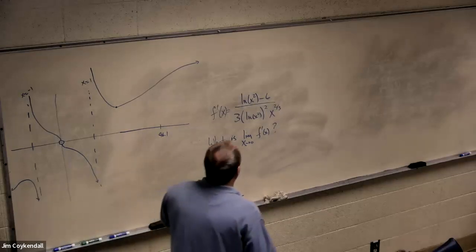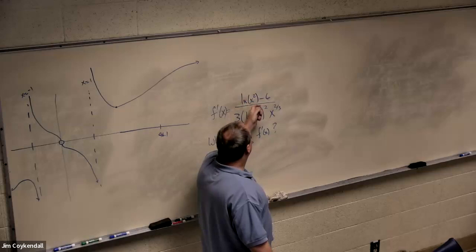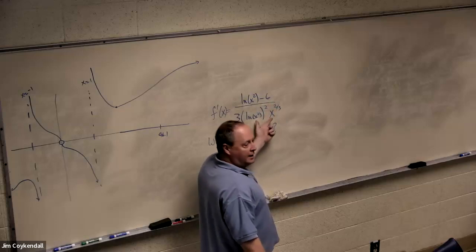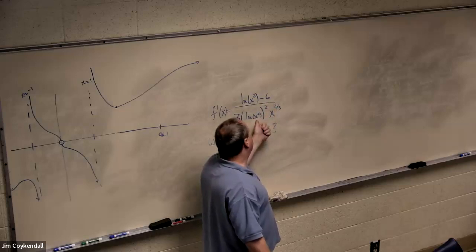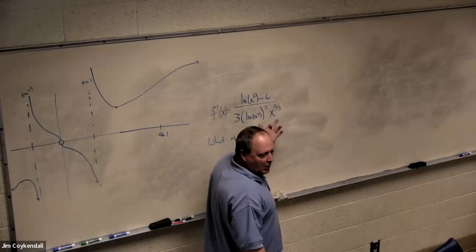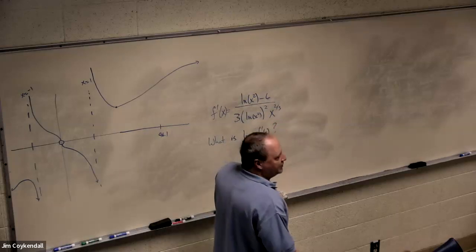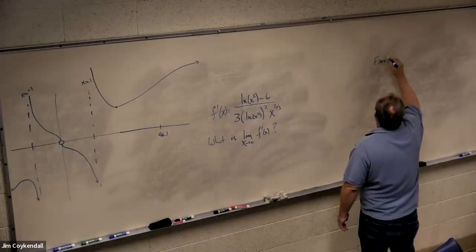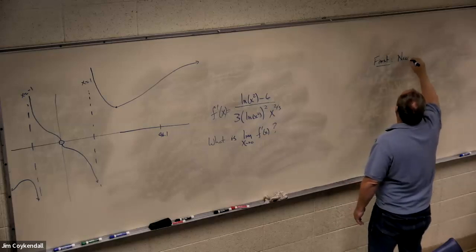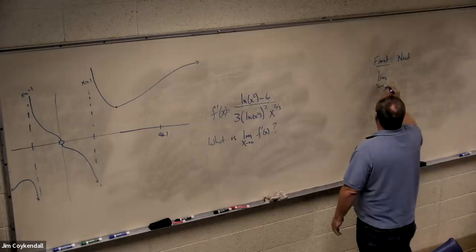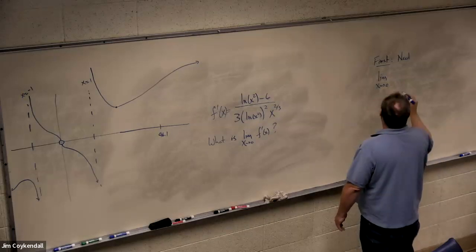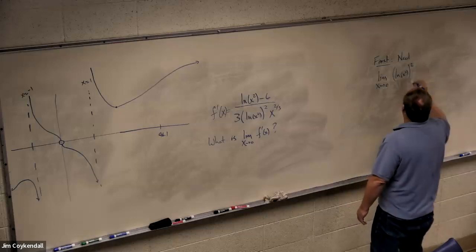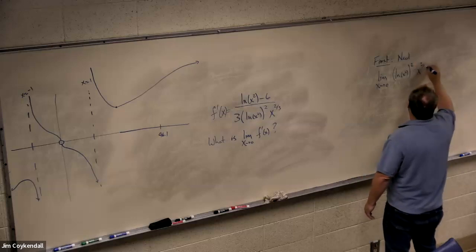First thing to do would be a bonehead plug in. Right? Log of 0. That's going to be negative infinity. So I've got negative infinity on the top. On the bottom, I've got negative infinity times 0. So I don't even know what the bottom is. Right? So this requires another problem. So first, I need the limit as x goes to 0 of natural log x squared times x.